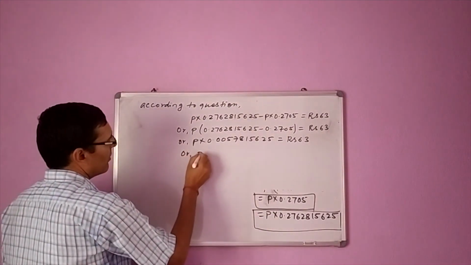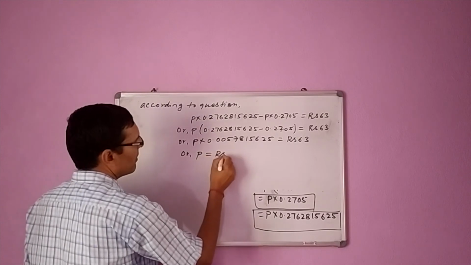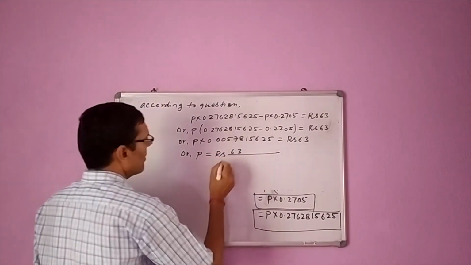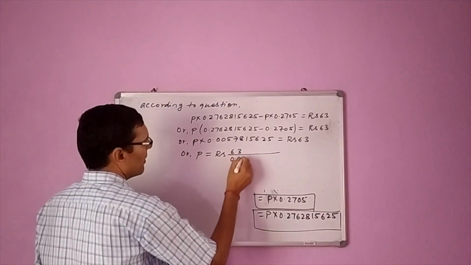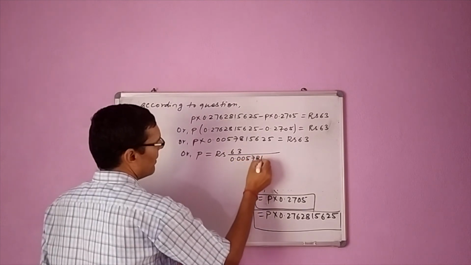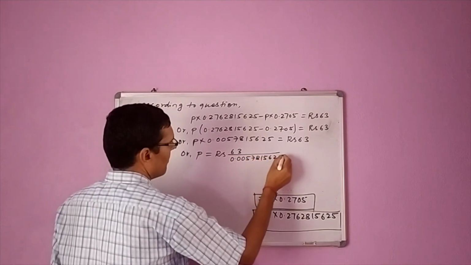So P is equal to 63 divided by 0.0057815625.